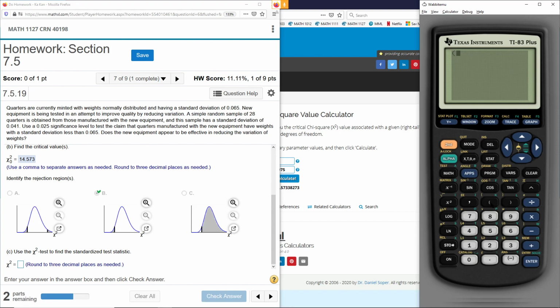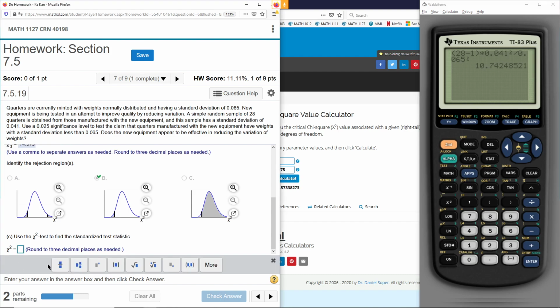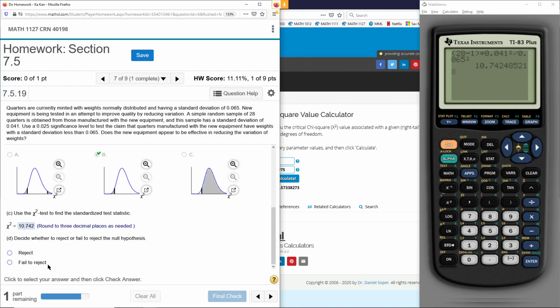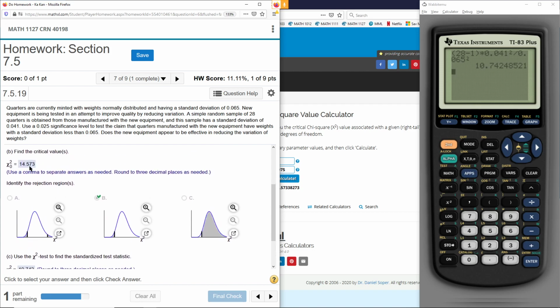So let's try that again. 28 minus 1, times the sample standard deviation 0.041, squared, then divided by the bottom, which should be 0.065. That's the population standard deviation. Square that. They want you to round to 3 decimal places. So that's 10.742. There you go. And now compare 10.742 to this one, right?